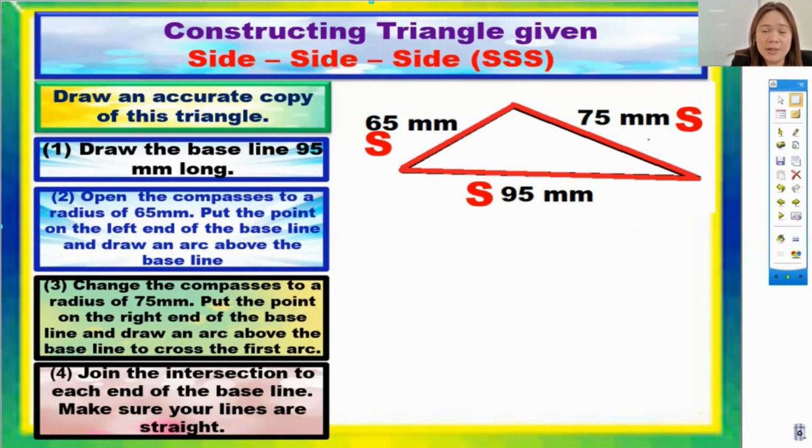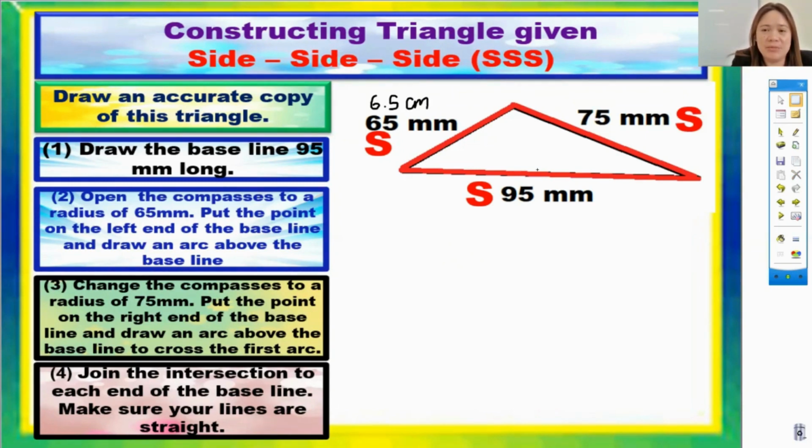Remember, in your ruler, the small lines in between 0 to 1 centimeter, every small line is equal to 1 mm. So you can still do it even if it's in mm, or if you want to convert it into, for example, this is 65 mm, you can write it as 6.5 centimeters. That's fine. You will still get the same length.